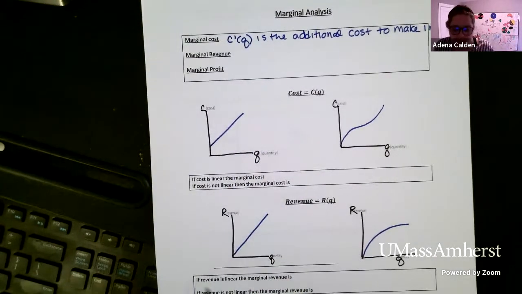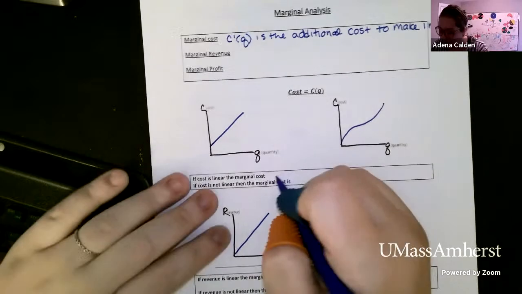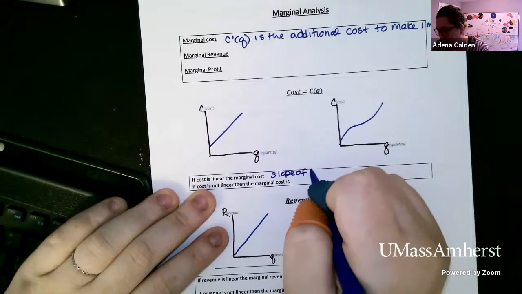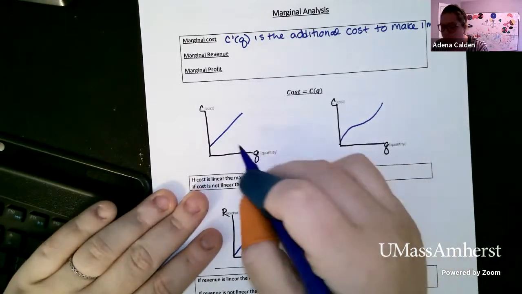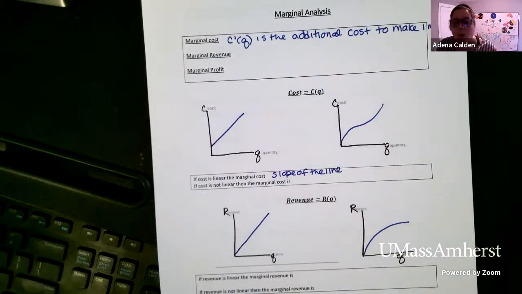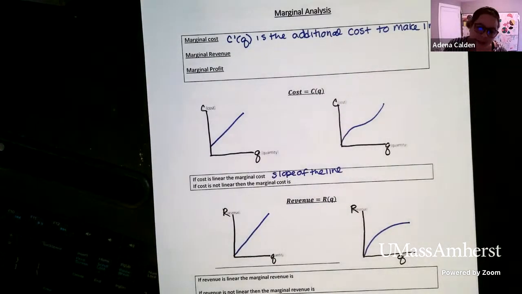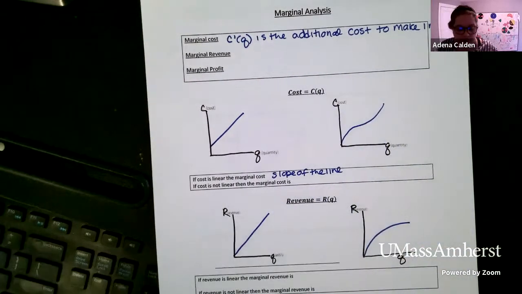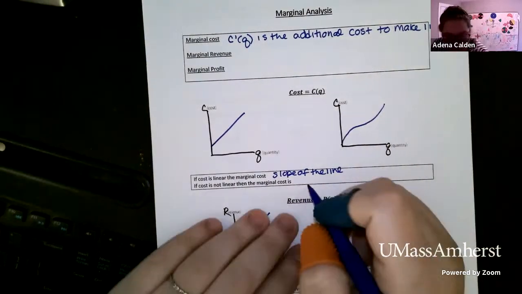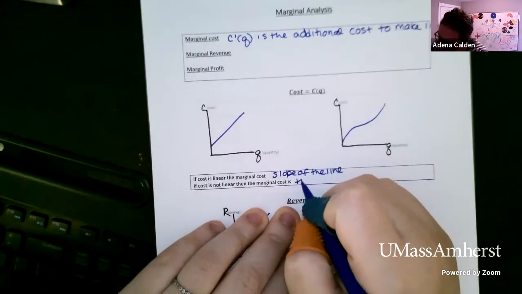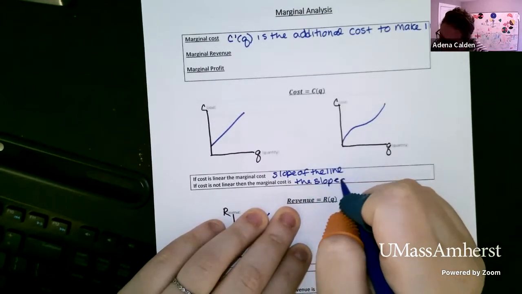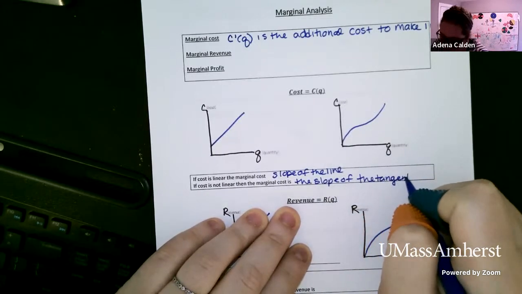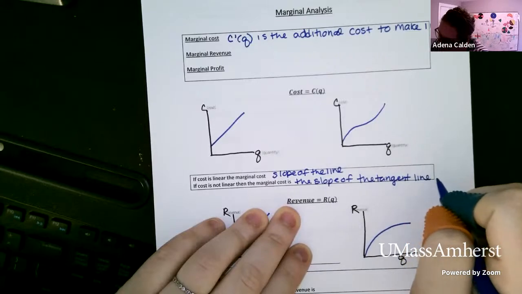And so with marginal cost, we said if the cost is linear, which is the premise we were working on before, then the marginal cost was the slope of the line. So whatever the slope of this line was the marginal cost. But if the cost is not linear, so now if we're considering something that is no longer a line, then the marginal cost is the slope of the tangent line at Q star.